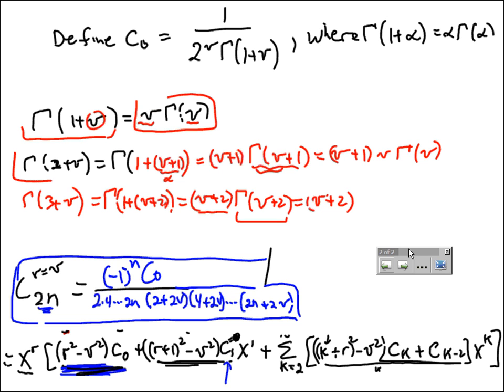But gamma of V plus 2 is this. It's V plus 1 V gamma of V. But if you take a look, that's kind of what we have in the bottom. We have 2 plus 2V, 4 plus 2V.